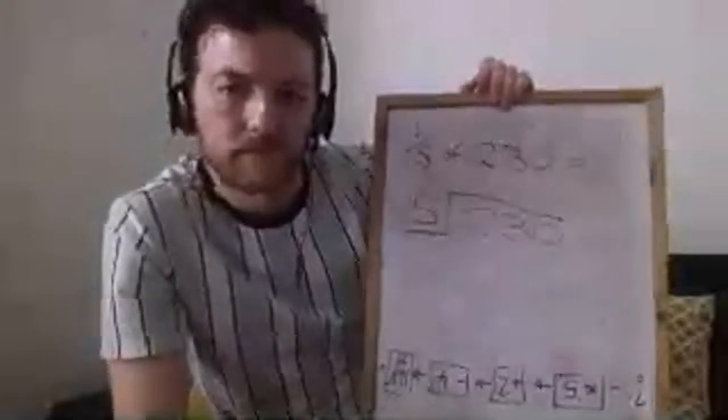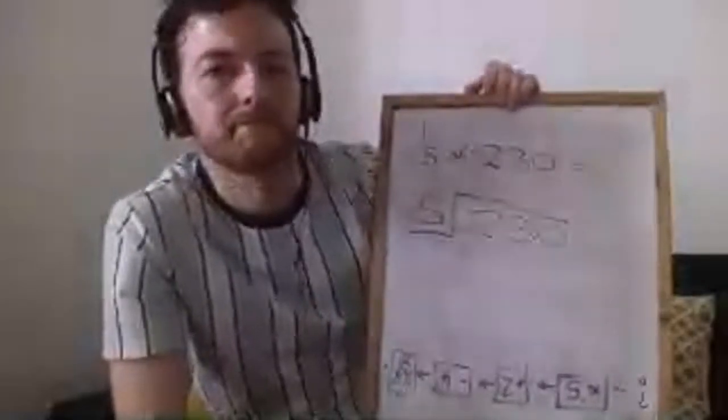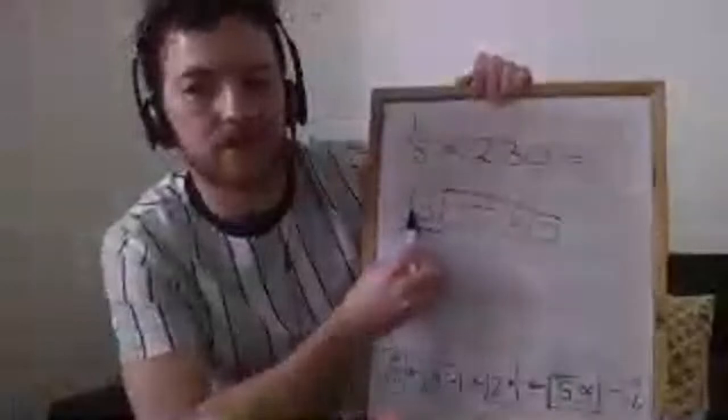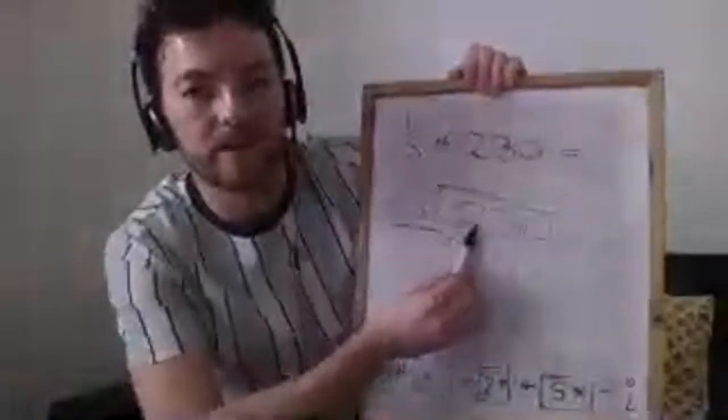Start to work it through on your whiteboards. 5 into 2 doesn't go. Carry 2. 5 into 3, 23. 5 into 23. How much can you get? Does anything carry over?